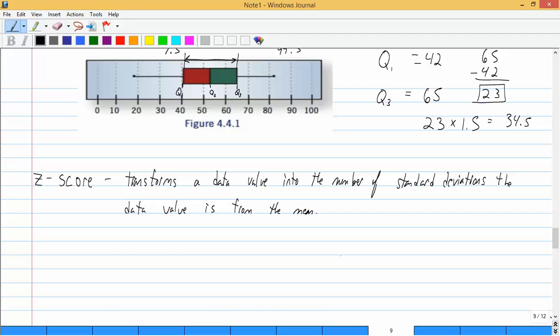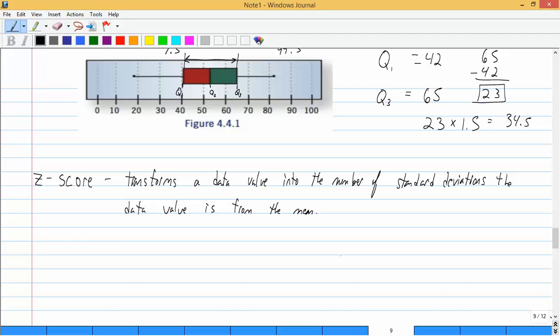Well, we would have to know some data about males and females, but you could figure out relatively who was taller. And that's just one of many ways that we could use the Z-score. We can also use the Z-score to help us figure out probabilities.